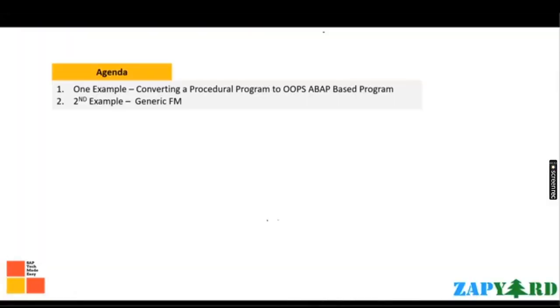In the last session, one simple example we have seen, and we have seen how we can convert a procedural program into the object-oriented ABAP program. So the example was related with one BAPI program which was taking the data from a file, converting into an internal table, putting a loop on the internal table, and then splitting the record into separate values, putting those data into the parameters field and passing those field values to the BAPI and getting the material created.